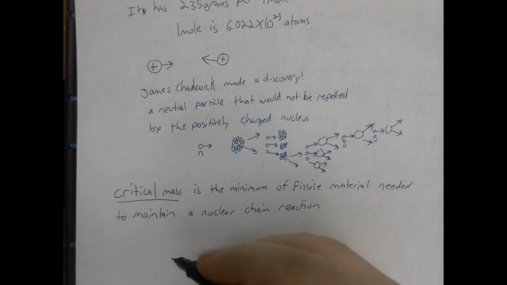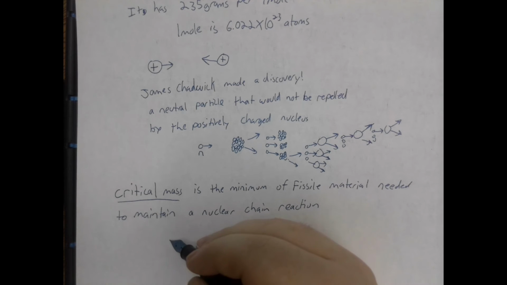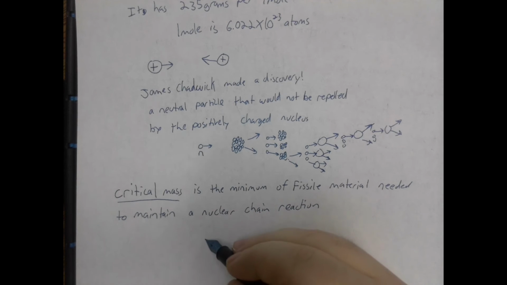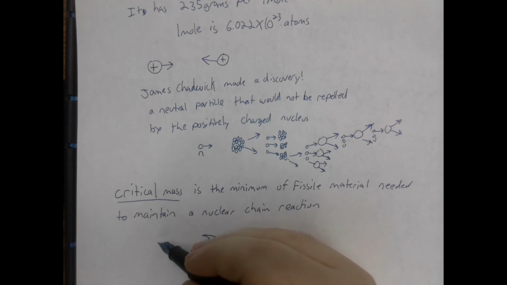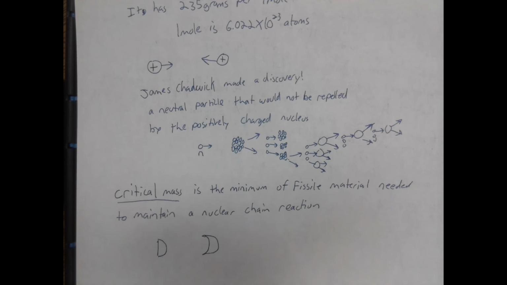So what happens is you have two subcritical pieces. They have a cone shape, and they have something that will fit directly in it, a bullet.